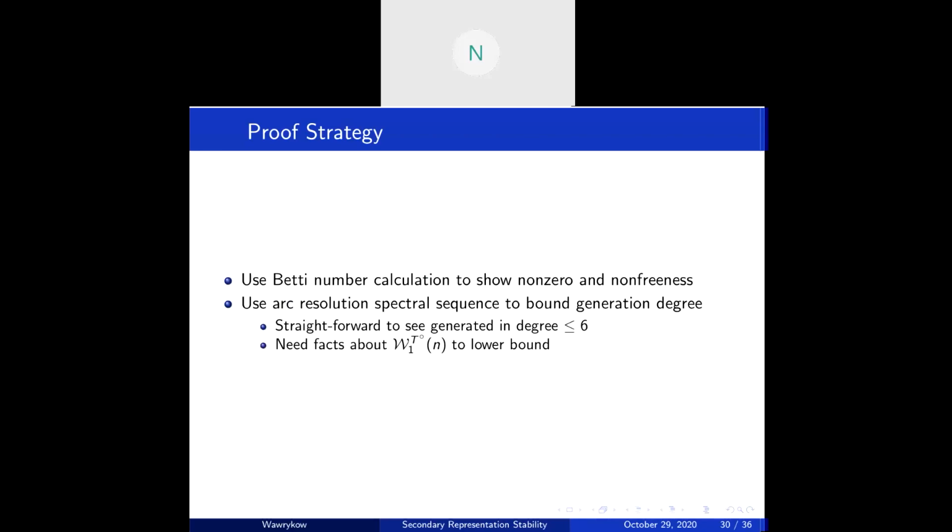The only thing that really matters is the second page of this spectral sequence. All the higher pages don't give you anything good, and it turns out the map you get on the second page corresponds to this nice inclusion of just adding 2 more points orbiting each other and not interacting with the other points. To see that it's in fact generated in degree at most 4, you need to be able to see something about W1 of the once-punctured torus on n points to lower the bound.